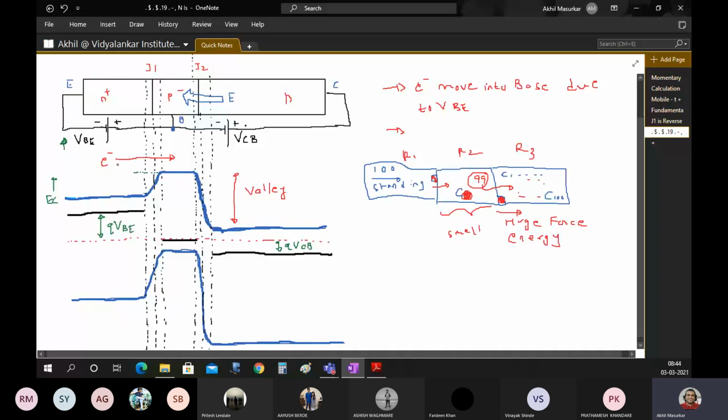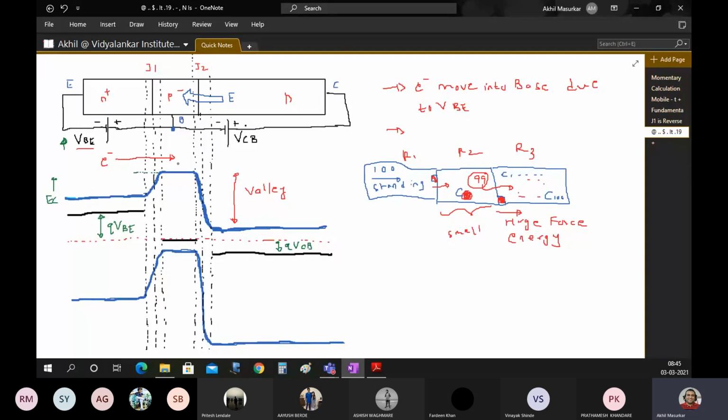Emitter, base and collector can be viewed as three different rooms. In the emitter, the electrons are standing and they are forced to go into the base with the help of VBE. But in the base, there are no charges for recombination because the base is very lightly doped, and the second condition in the base is that the base is very small in size.